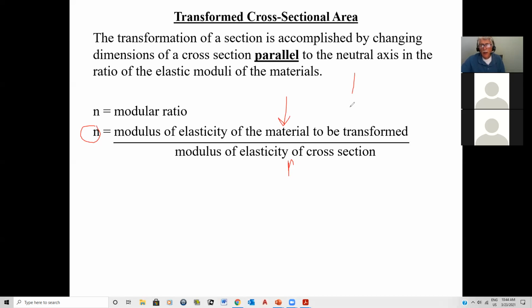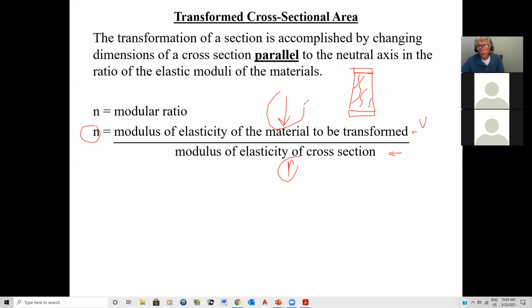For example, if I have wood here, and a steel plate there and a steel plate there, and I want to transform everything into wood, turning this into a whole wood section, then the wood goes at the bottom and the steel goes on top. If I want to transform all of this into steel, then what's being transformed goes on top, and what you want the section to be goes in the denominator. So keep that in mind.